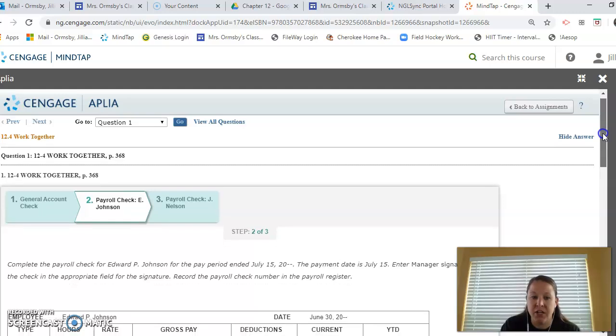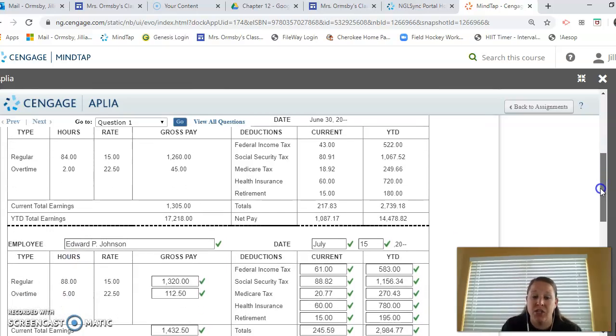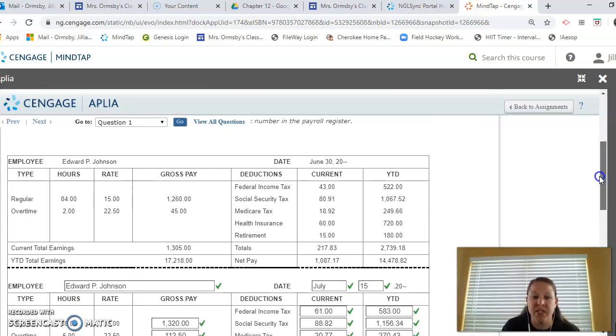Now that we've transferred the total amount of our payroll into our payroll account, we can now issue individual checks, and this is where things can get a little tricky. One of the more difficult aspects of writing the check is to complete the check stub at the top, or the pay stub. Basically, it spells out all of the hours that the employee had, breaking it down for regular and overtime.